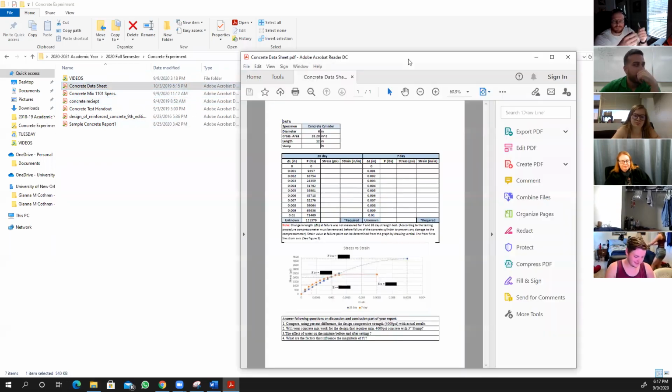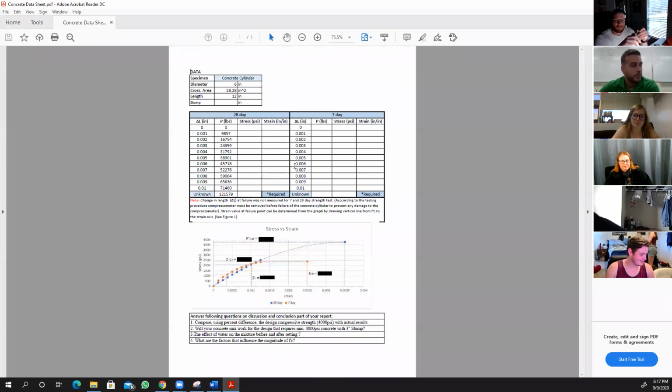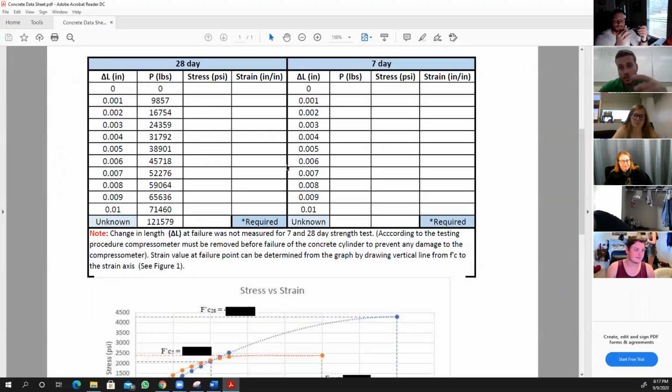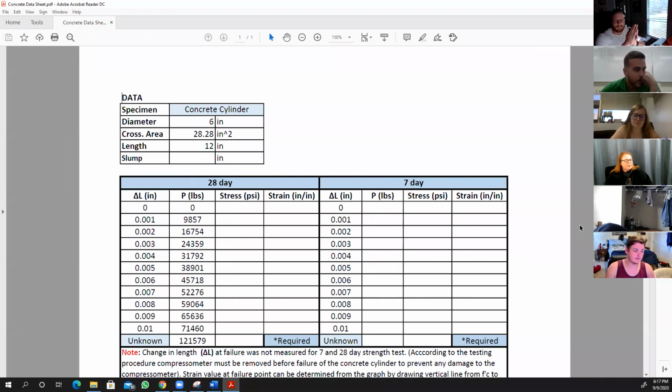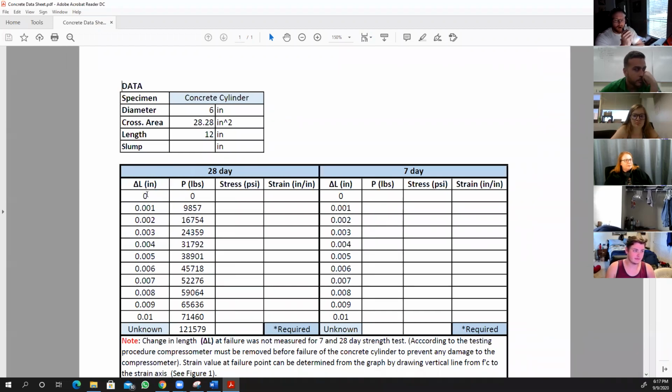Okay, this one. So, this is what I will give to you. Similar table, similar structure. I work in a way that everything is easy for you to put the numbers and then calculate the required sections.